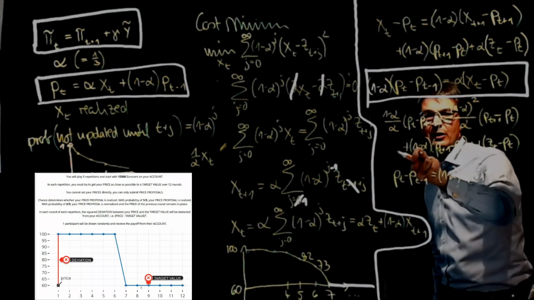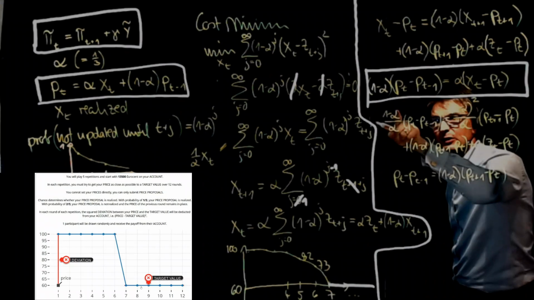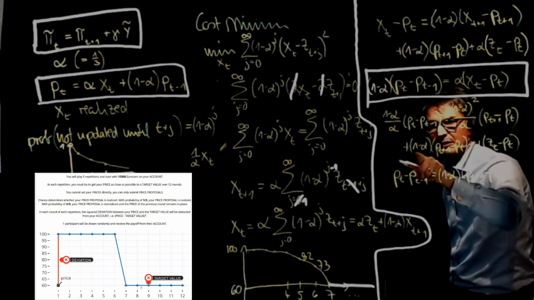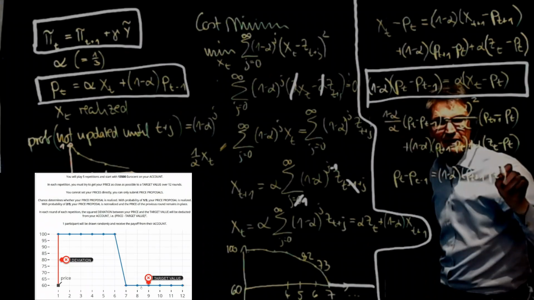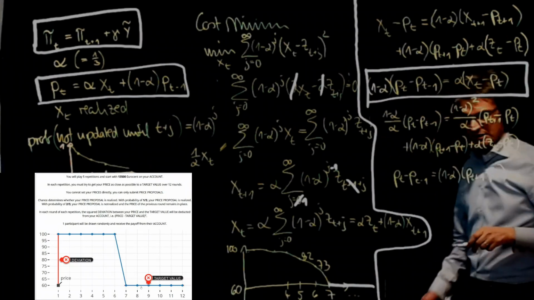And this now is, well, I divide by 1 minus alpha and multiply by alpha. So this is alpha times pt plus 1 minus pt.